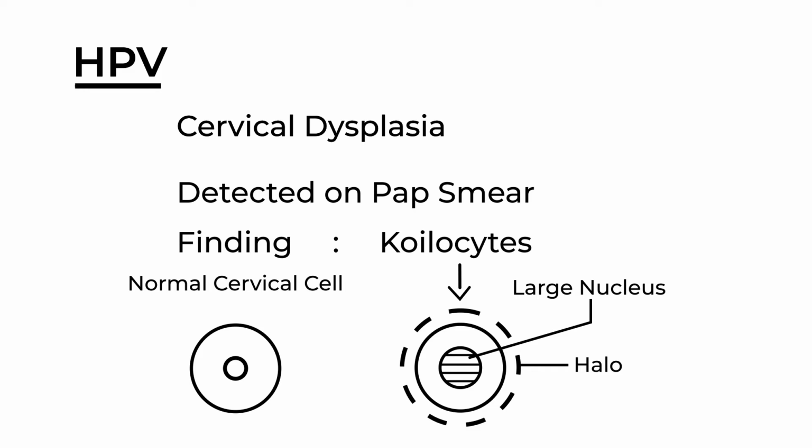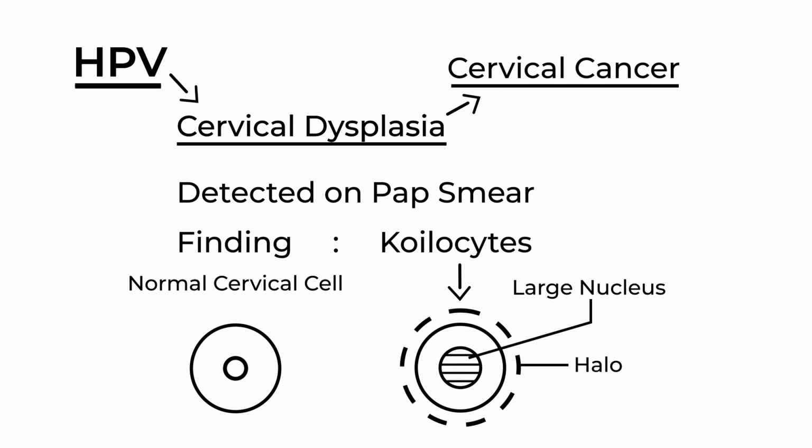That is essentially a sign of cervical dysplasia caused by HPV. Now, what's really important is that HPV can also eventually lead to cervical cancer. So as you can see, this virus and its many subtypes not only cause warts, but they also cause cervical dysplasia and cervical cancer.